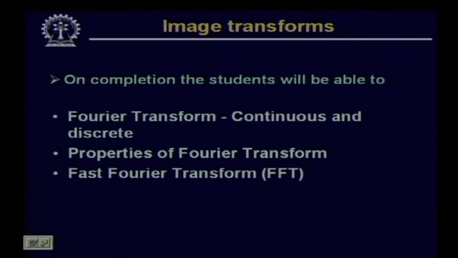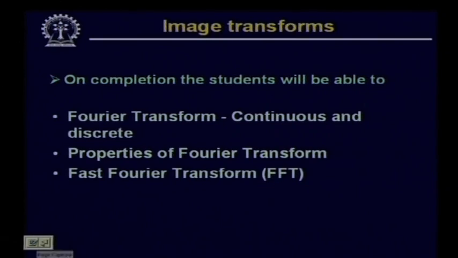Now, this Fourier transformation we have discussed in brief when we discussed the sampling theorem. Given an analog or continuous image, the first step of discretization was sampling the analog image.